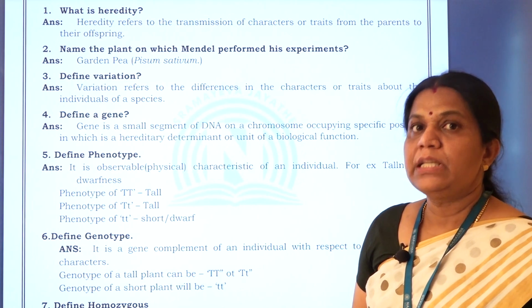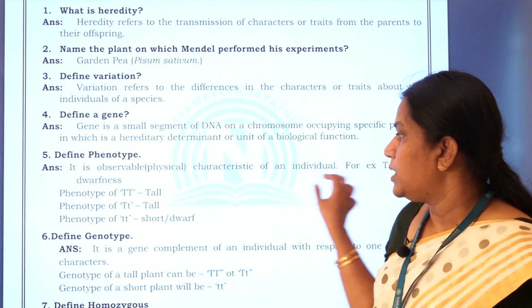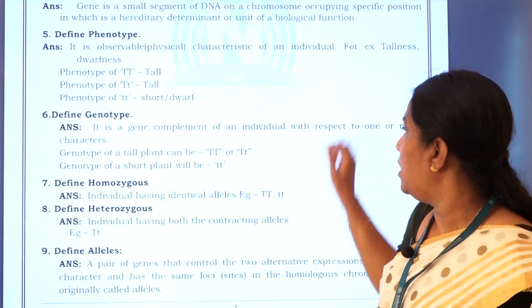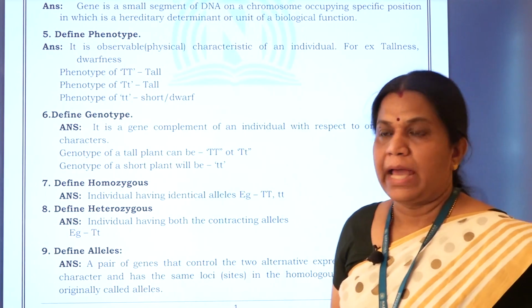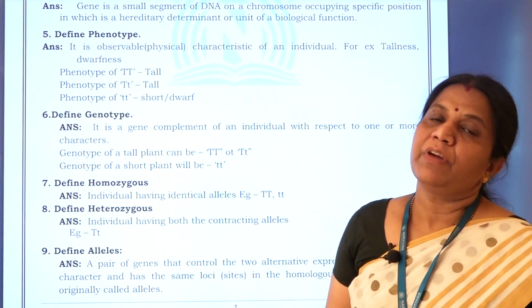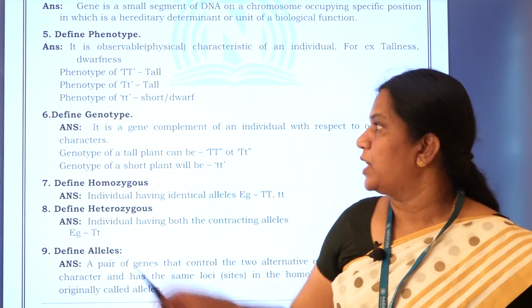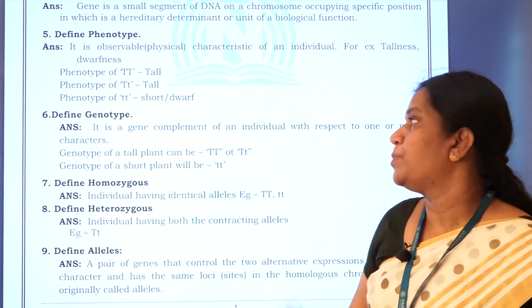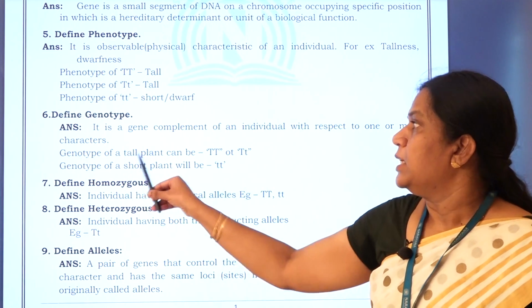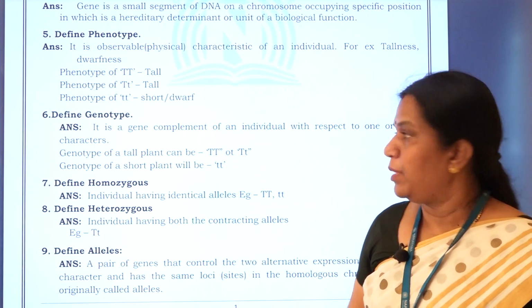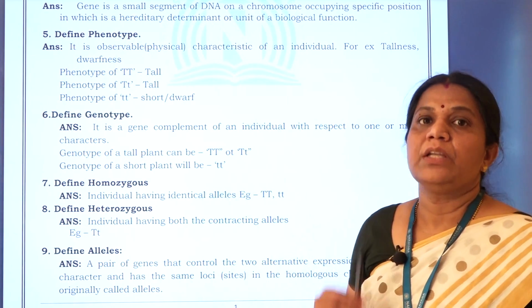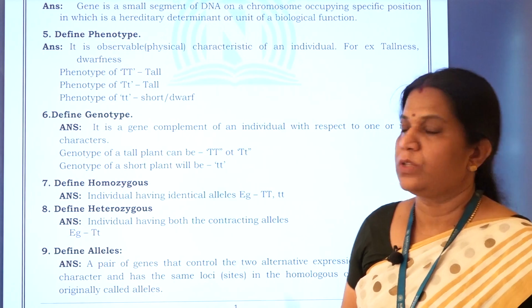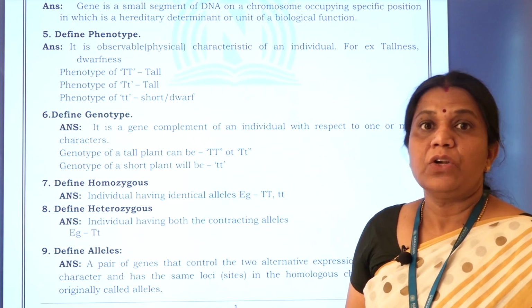Then the sixth question: define genotype. It is the gene complement of an individual with respect to one or more characters. So the genetic makeup of an individual is called the genotype. The genotype of a tall plant can be capital T, whether homozygous or heterozygous, because here tallness is a dominant character.